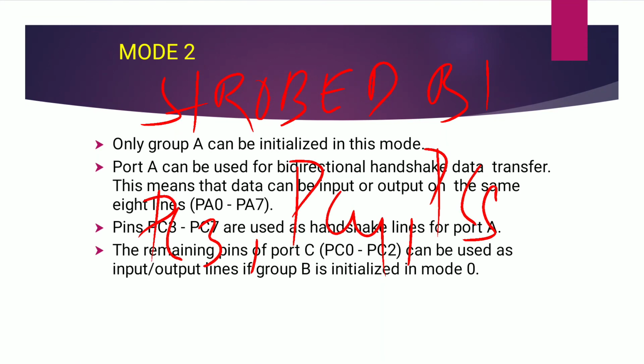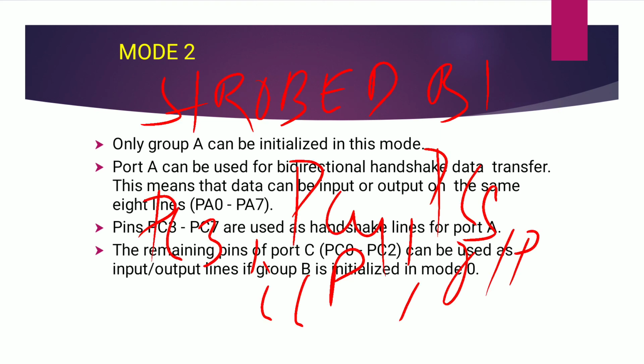In mode 2, which is called bidirectional handshaking, there is no better version of handshaking. Handshaking will happen in the same way as in mode 1. The only thing is the port can anytime do input handshaking as well as output handshaking. It can rapidly switch between input and output.